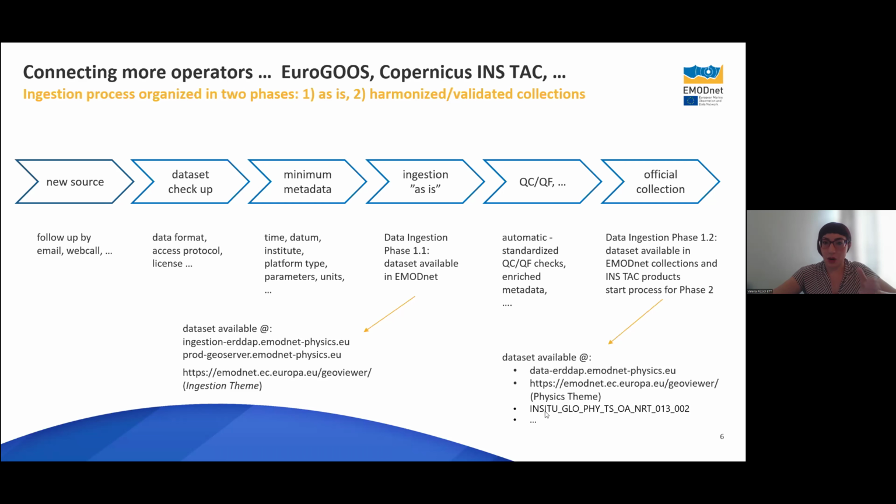The first layer of ingestion happens, which is when the data set is made available in EMODnet and can already be seen. So that's the first layer. And in the meantime, there are some automatic and standardized quality control and quality flag checks, which require the enrichment of the metadata in order to become an official collection.